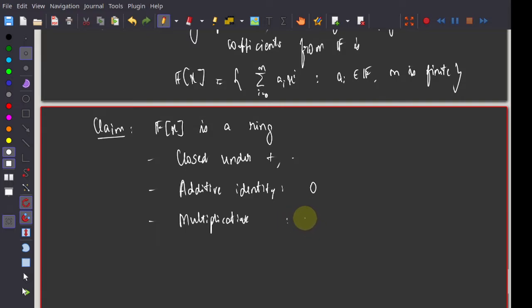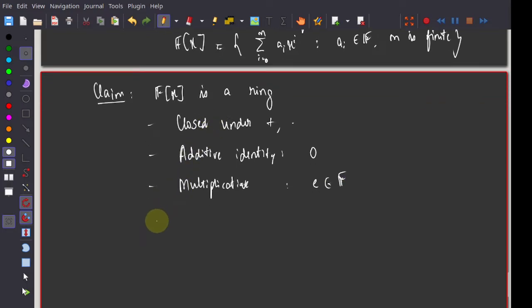One, the unit element in the field. Whatever the identity of the field is, that itself is the multiplicative identity. Okay, what else do we need to check? Additive inverses.